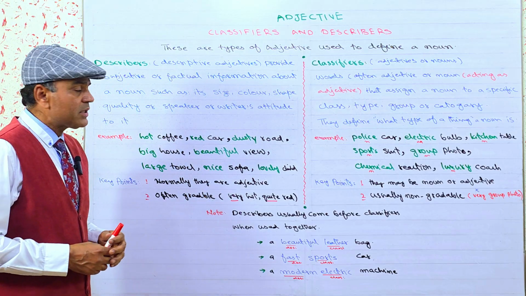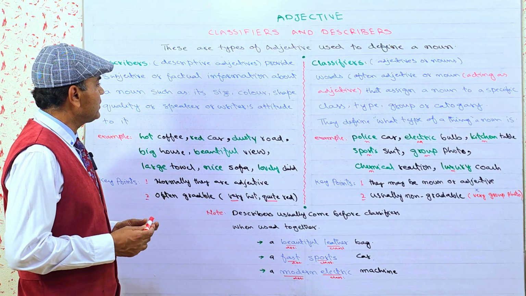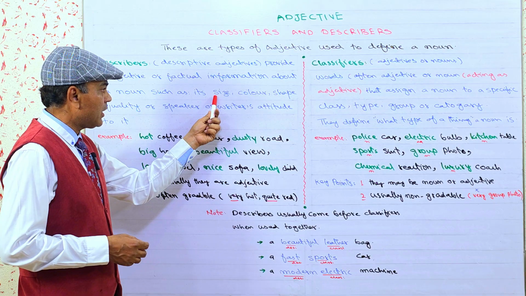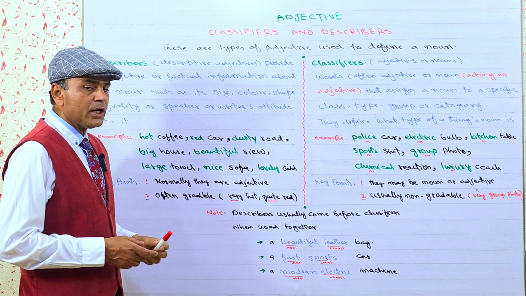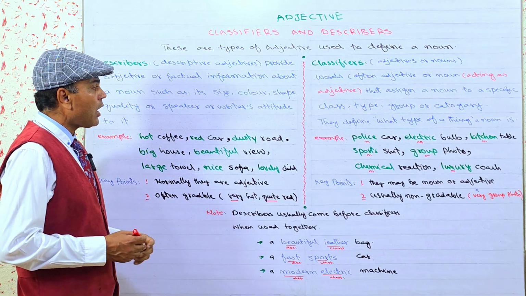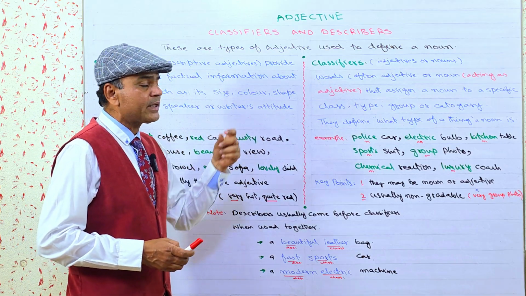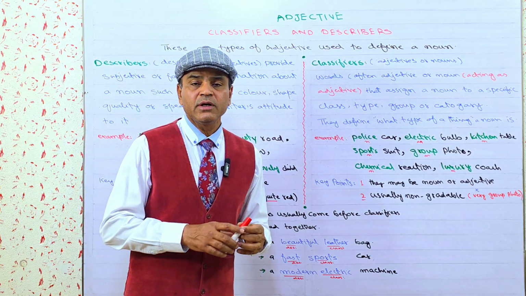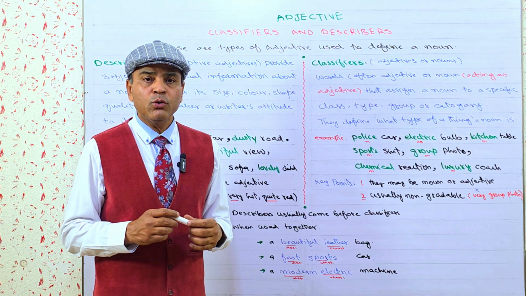And what kind of information is that? The size of a noun, color of a noun, shape of a noun, quality of a noun, or the speaker's or writer's attitude towards that particular noun.